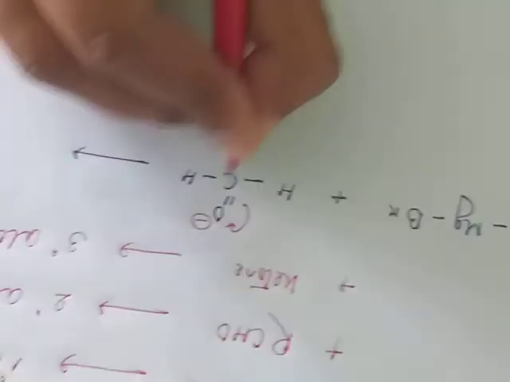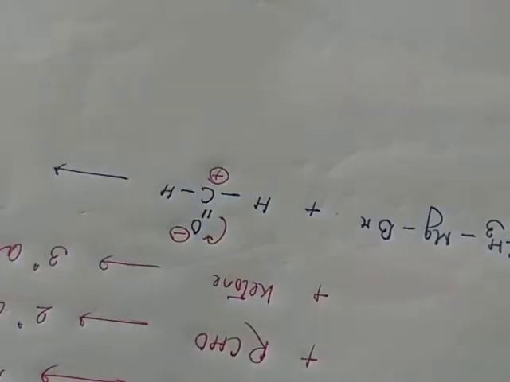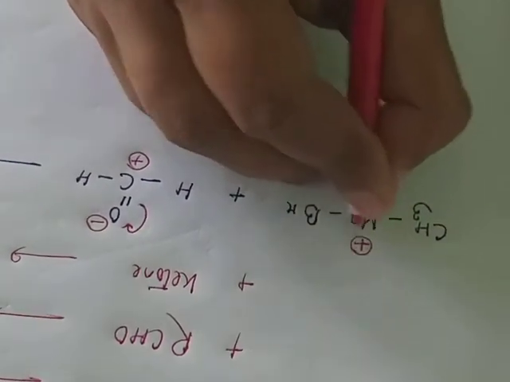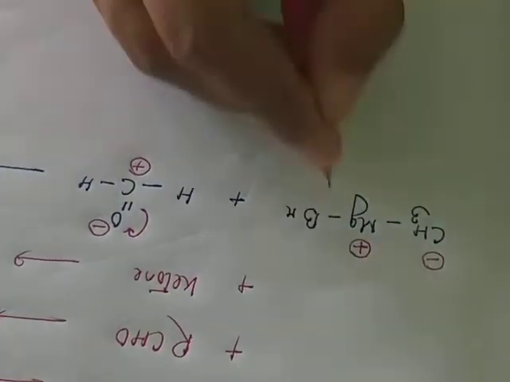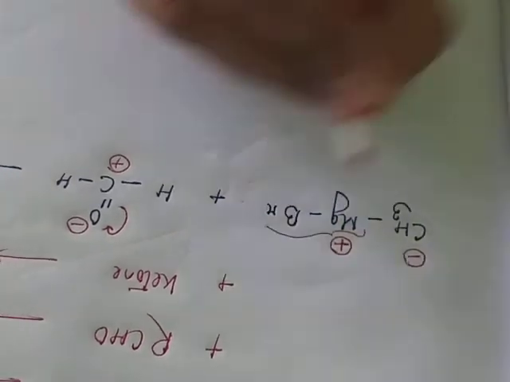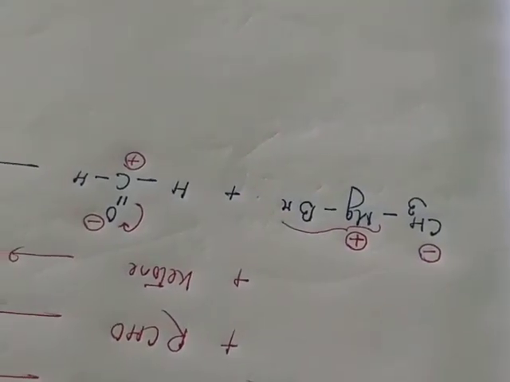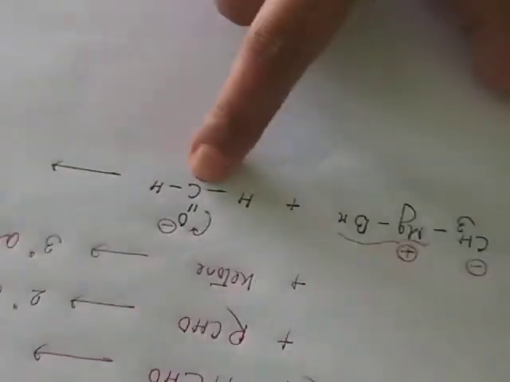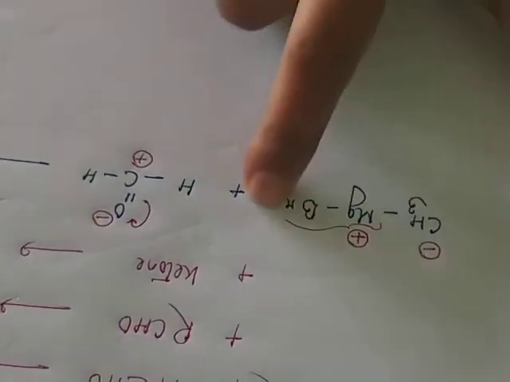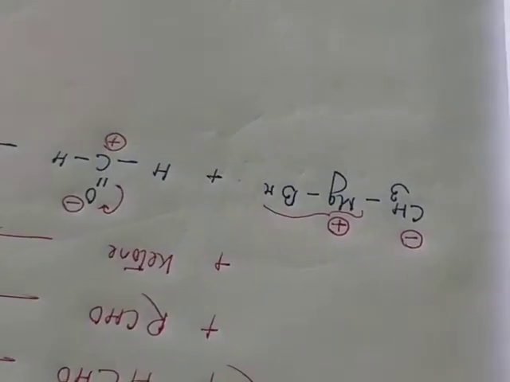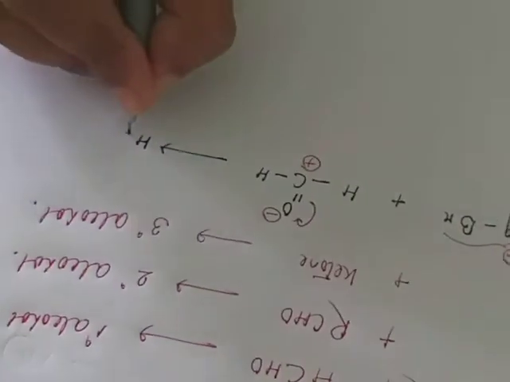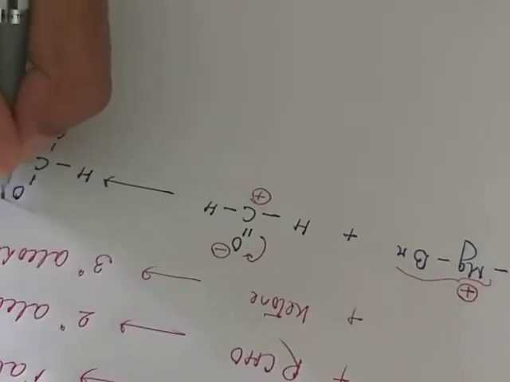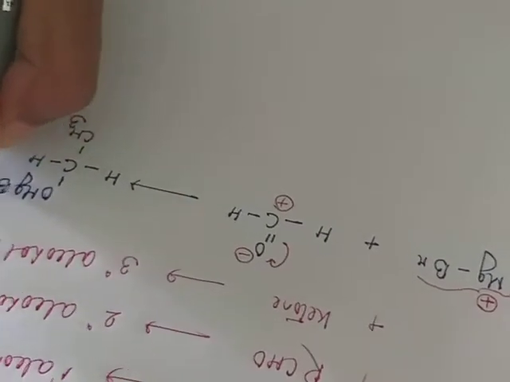This is simply plus minus, and the methyl magnesium bromide, of course, this part is plus and this part is minus. So it's obvious that the nucleophile will go to this carbonyl carbon and MgBr will go to this oxygen. So what we will have, CH3 to be added to this carbon and OMgBr over here.